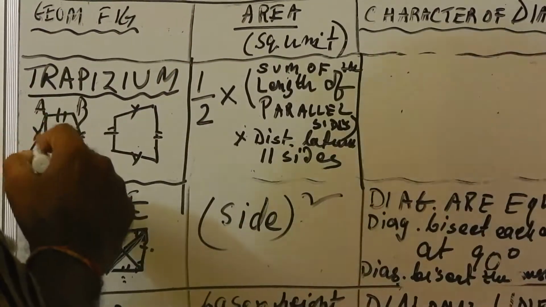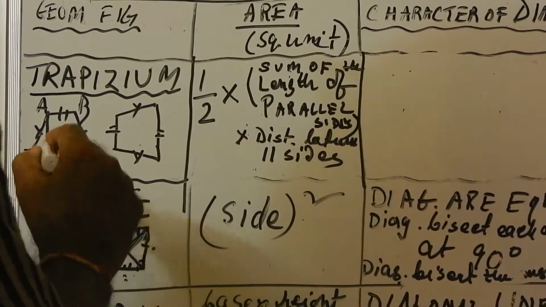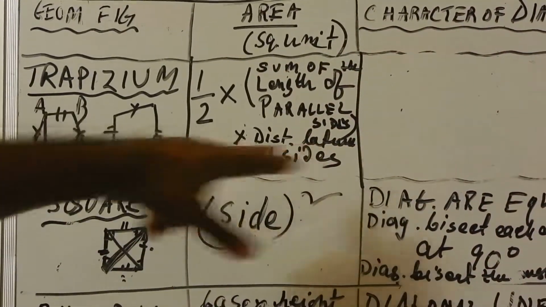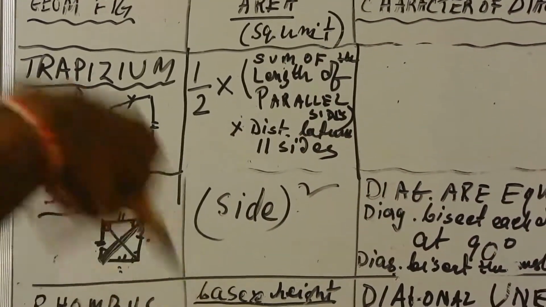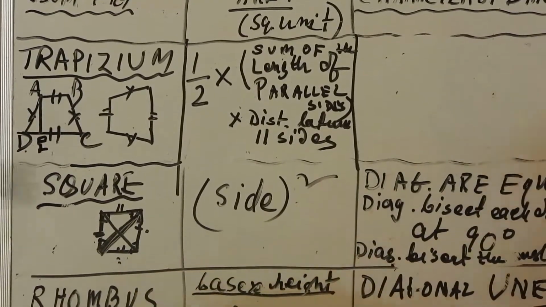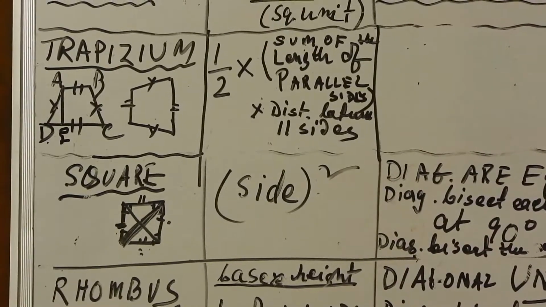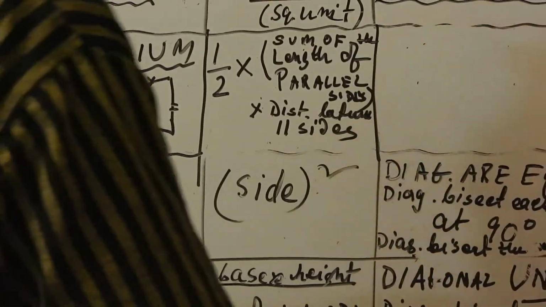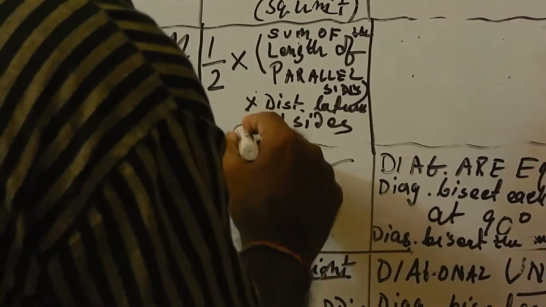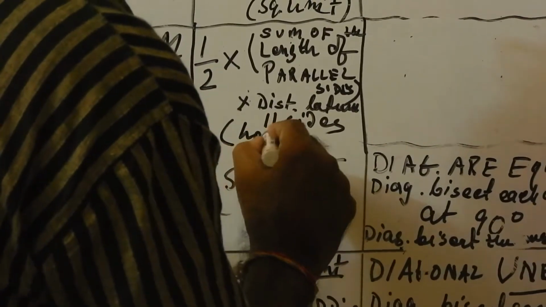So if it is named by E, then AE is the distance between two parallel sides, and otherwise all of you know that it is nothing but the height of the trapezium. So we can write it here also in bracket, it is the height.